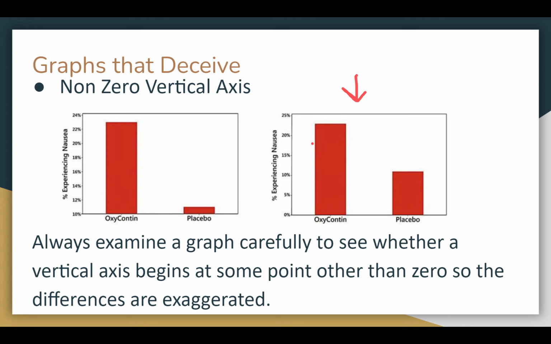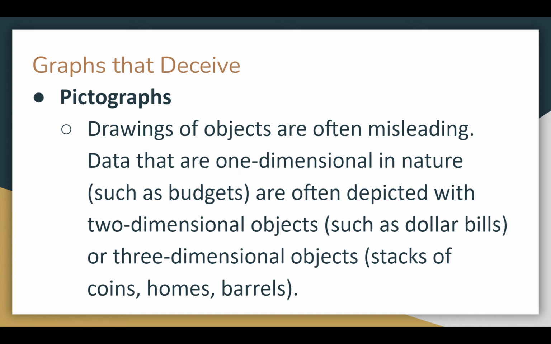And while it is true that more people experience nausea when they took the medication than with the placebo, it looks way different when you put it on an even playing field and start the vertical axis at 0. So, always examine a graph carefully to see whether a vertical axis begins at some point other than 0, to determine if the differences are exaggerated.